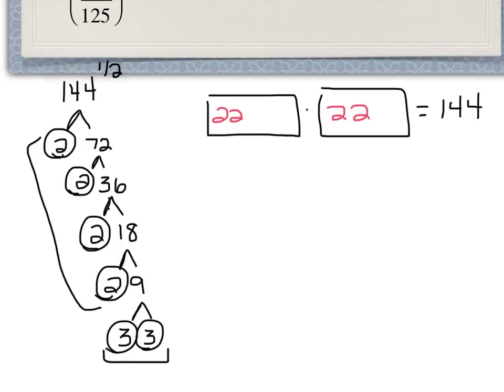And then I have 2 3s, which means each box gets a 3. And then you're multiplying those pieces back together. Sorry, I kind of crammed those in there. So 2 times 2 times 3, let's see, that's 4 times 3, which is 12, times 12 is 144. So there is your answer to 144 to the 1/2.